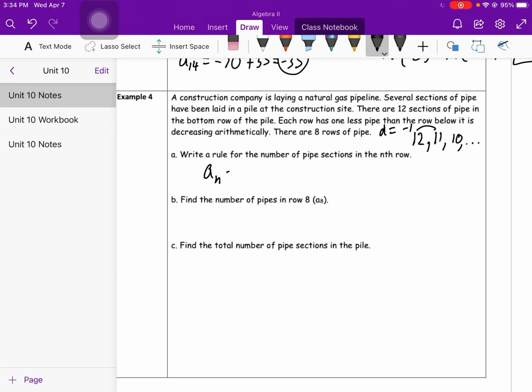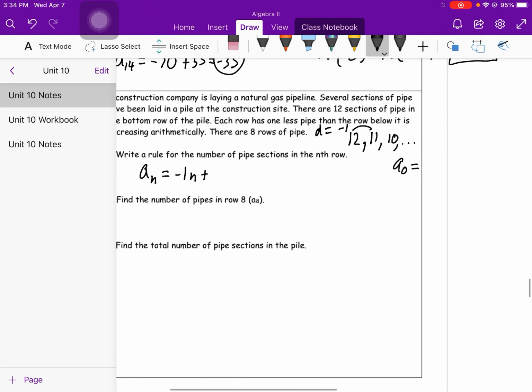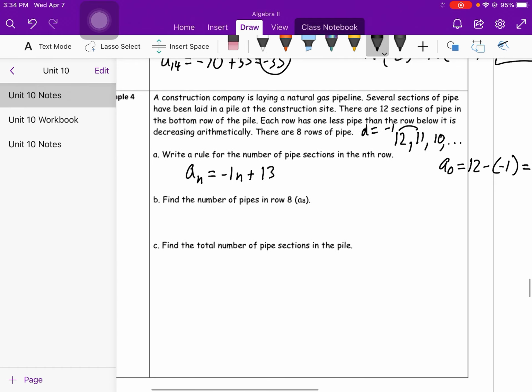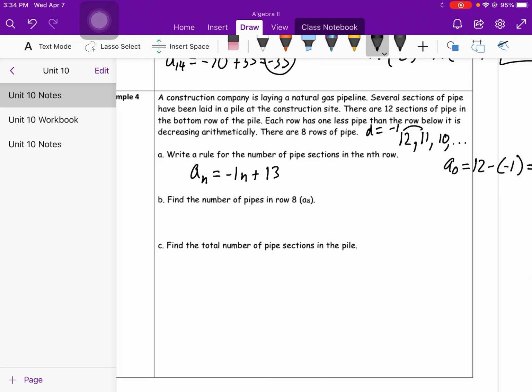So this is going to be a of n if we're looking for a specific row. So the common difference is negative 1. So it's negative 1 n plus, and then we need to think about, well, a of 0 would just be 12 minus that negative 1, which would end up being plus 1, so it's 13. So there's the general rule for the nth term.